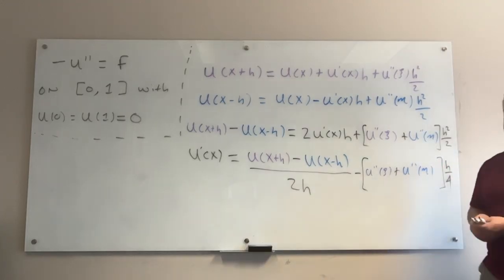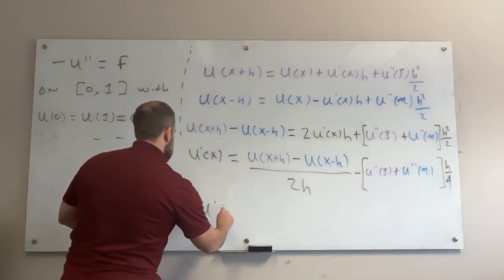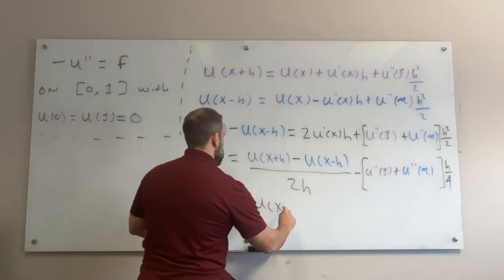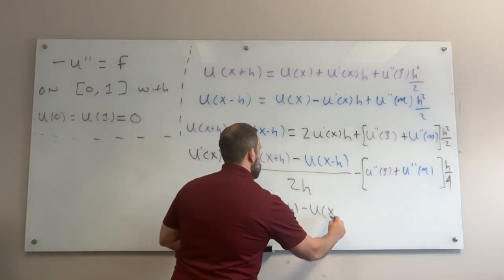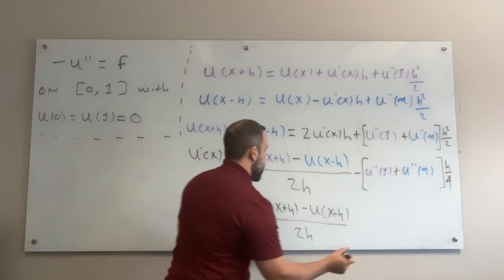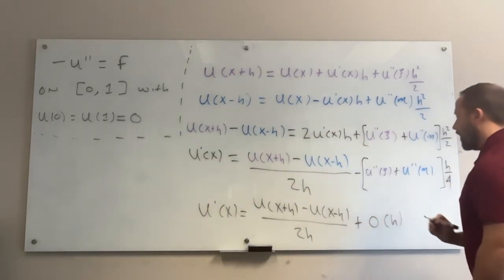So this gives the following estimate. This says that u prime of x is equal to u of x plus h minus u of x minus h divided by 2h, plus O of h.